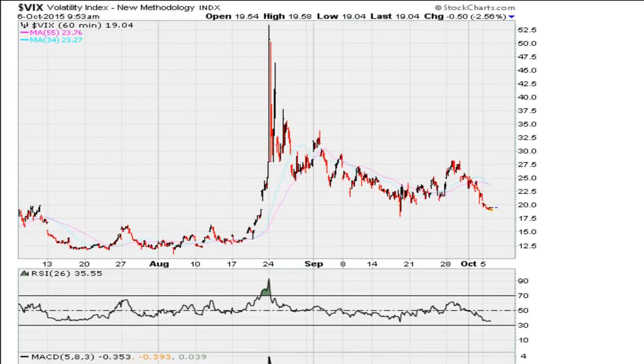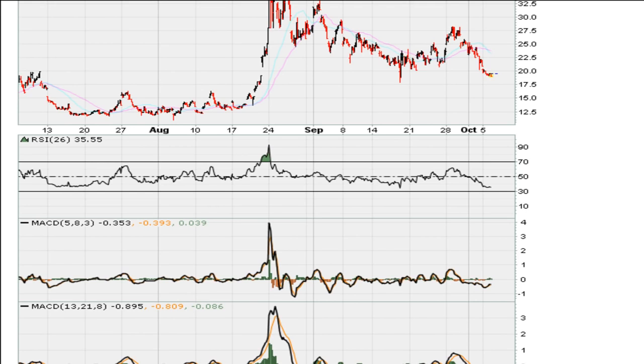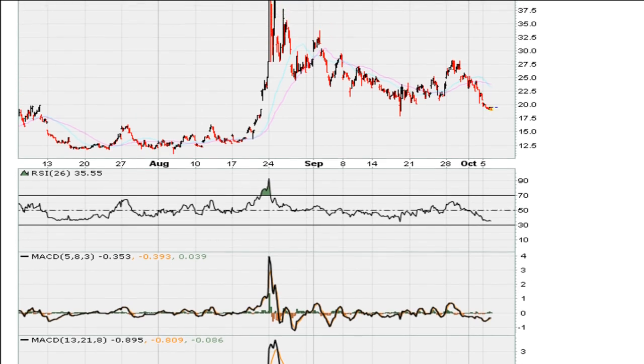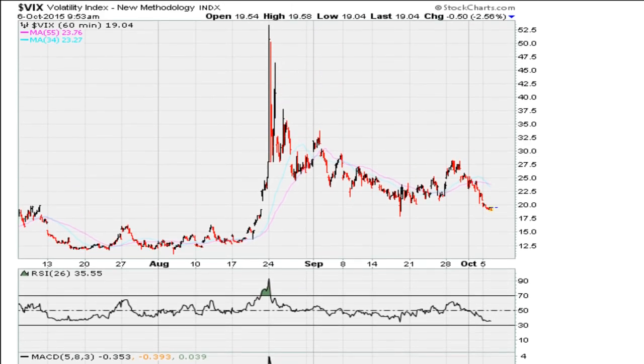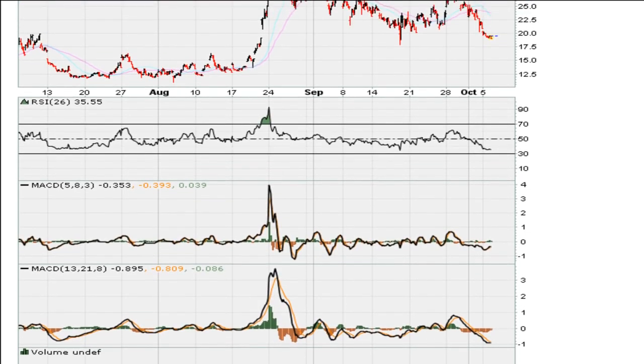And so the question you posed for me was whether the VIX was at support, and my response was based on the fact that yes, it has come off the highs. This is the VIX, October 6, 2015. But if we use the MACD principle that both MACDs need to be above zero for momentum, you can see here both MACDs are below zero, which means there's no sustained evidence of upside momentum.